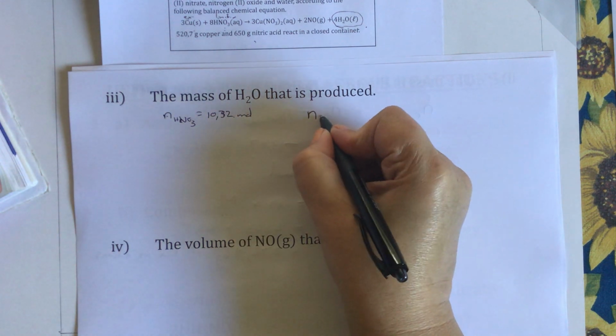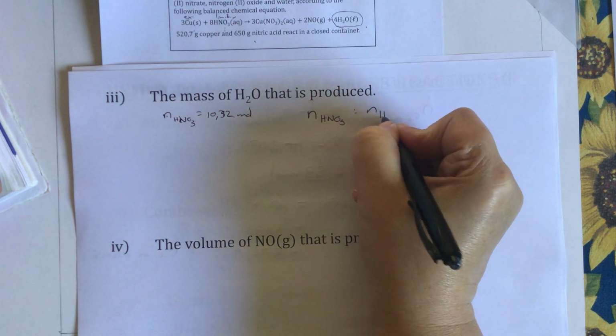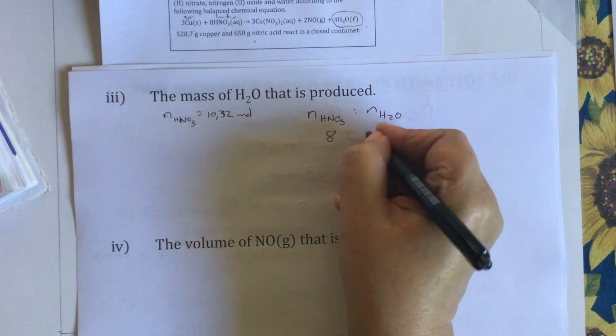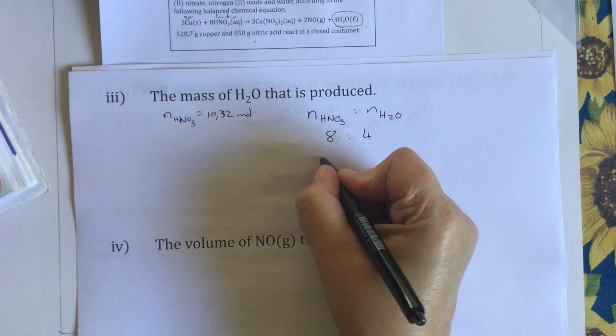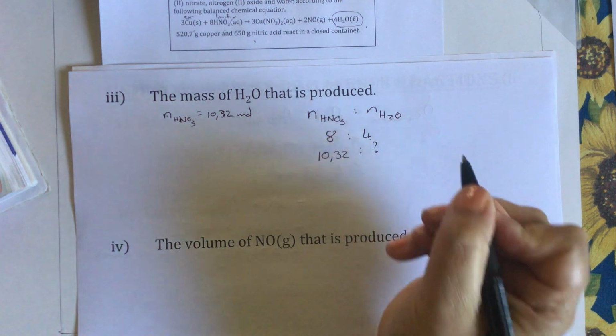And my number of moles of nitric acid to the number of moles of water according to the balanced equation is 8 to 4. I don't have 8, I've got 10,32, and this one I don't know.